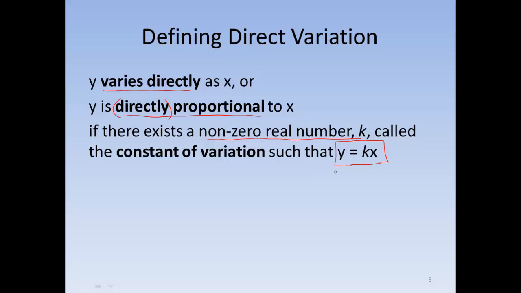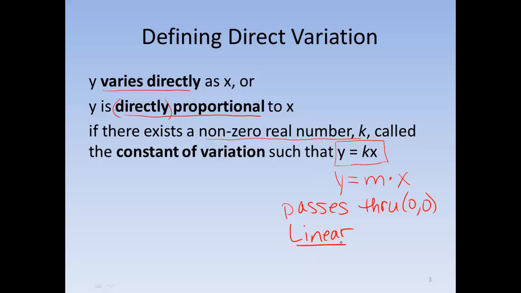You can also think of this as y equals m times x, because that k represents the slope. And because there is no y-intercept, direct variation equations pass through the point 0, 0, and they are linear.